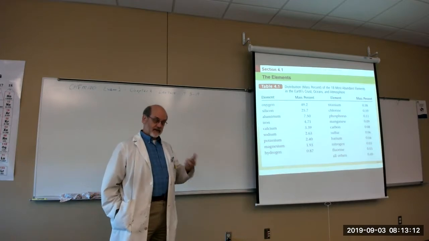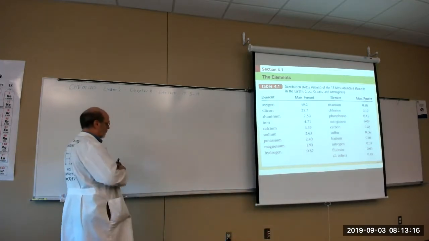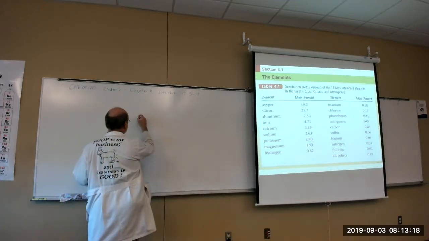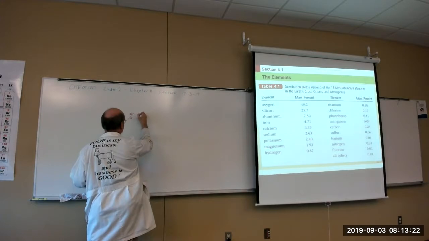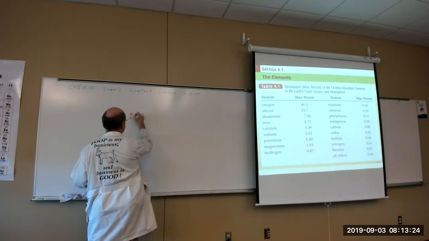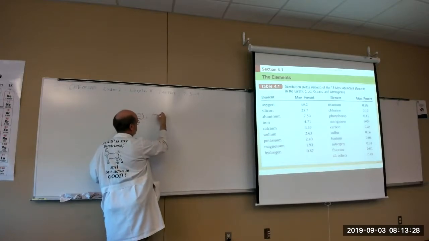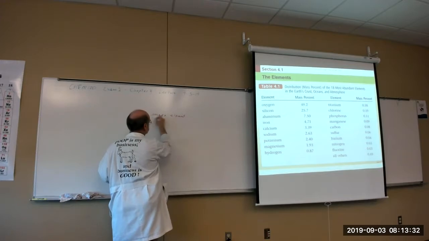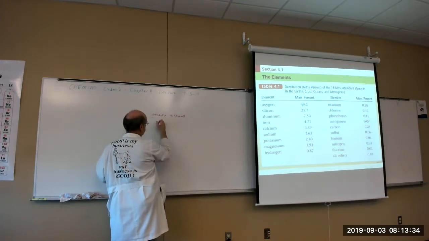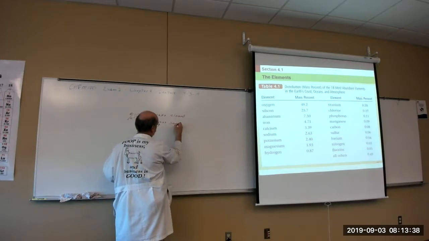In this case, it's the mass of the element. Percent by mass is just the mass of the element divided by the mass of the sample.